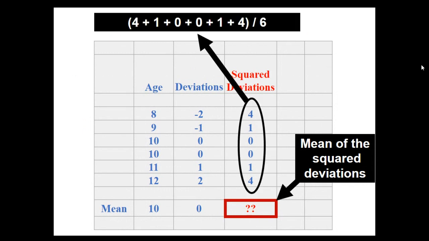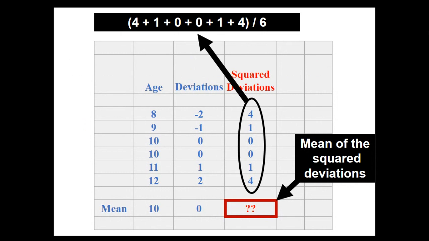Now, here at the top of the slide, we do that the same way we always do when we find an average. We first add together all the squared deviations: 4 plus 1 plus 0 plus 0 plus 1 plus 4. And after we've added them together, we divide by 6. 6 is n, the number of squared deviations.